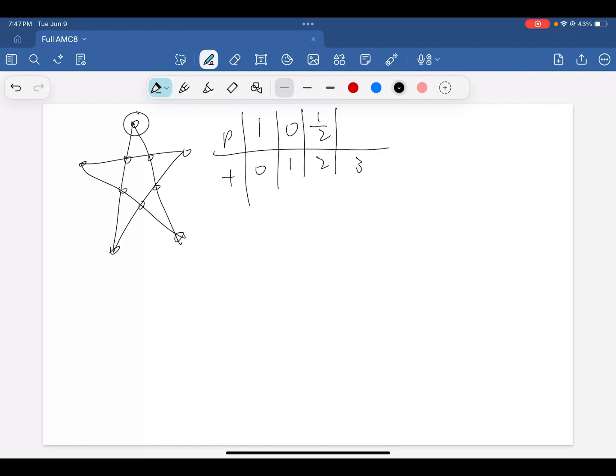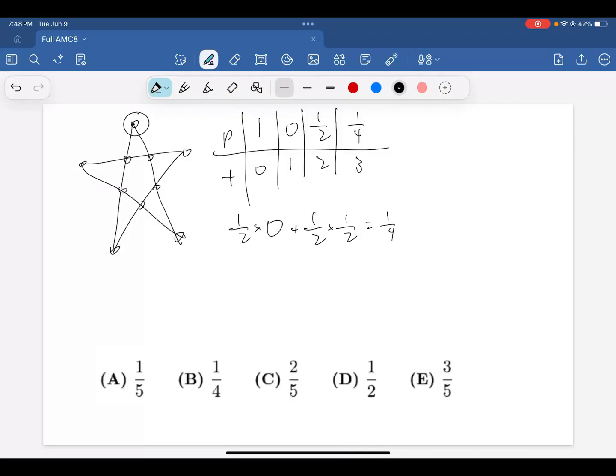For 3, if Charlotte is at the outside with probability 1/2, then on the next turn she must be on the inside. So that's probability 0, and there's a 1/2 probability that she's on the inside, and multiply that by another 1/2 that she randomly walks to the outside. So this is a 1/4 chance of being on the outside. So the answer is B, 1/4.